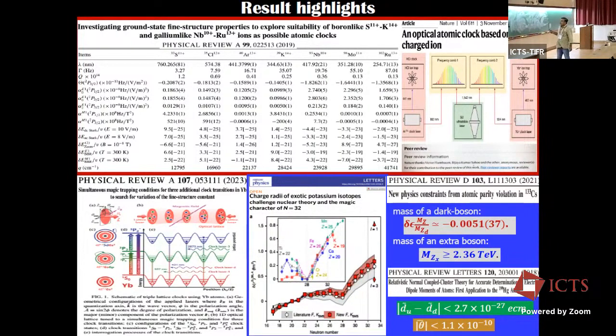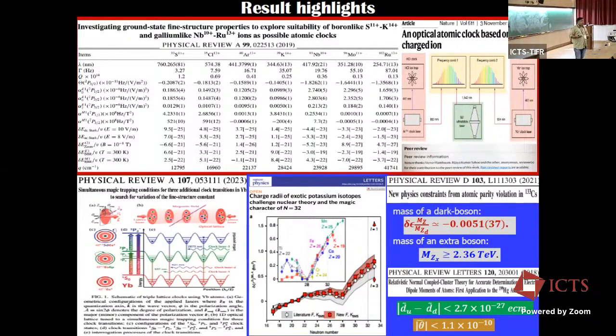This year also, we have proposed that in ytterbium traditionally only one transition is considered for an atomic clock, the ground state to 3P0. He also mentioned that about strontium. But we have predicted that there are two more transitions in ytterbium which can also be used as atomic clock transitions.